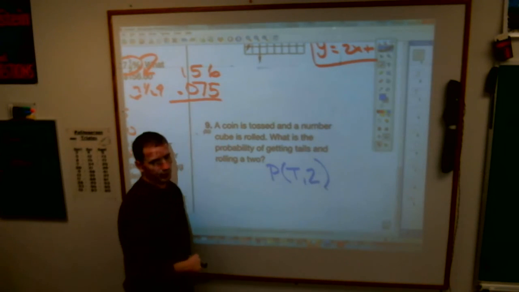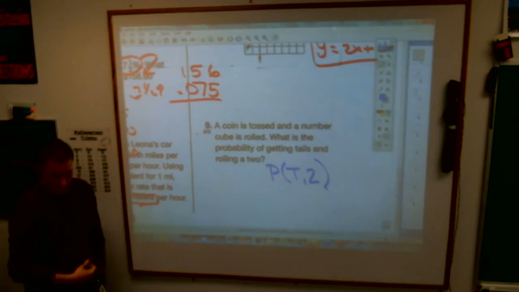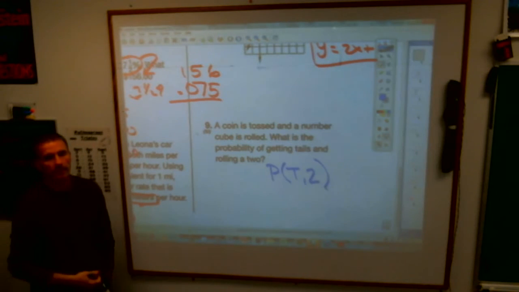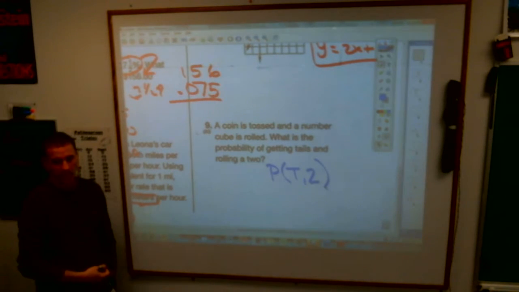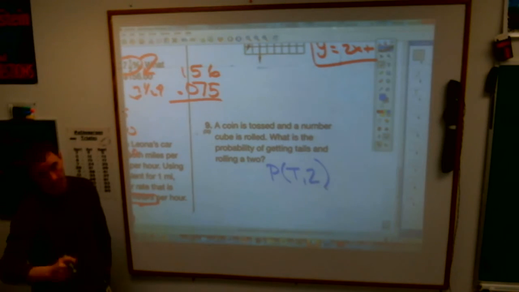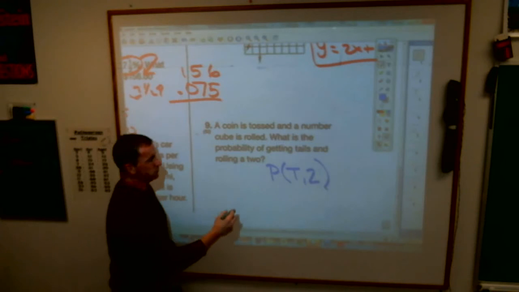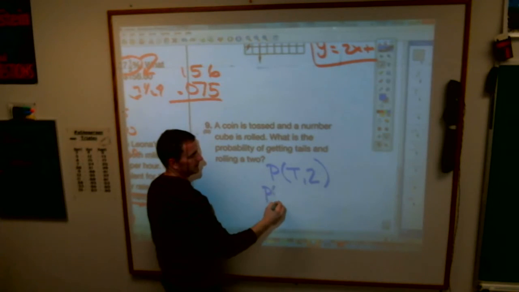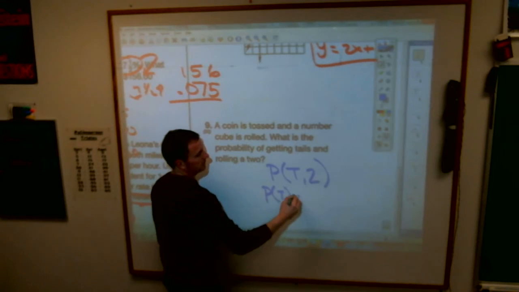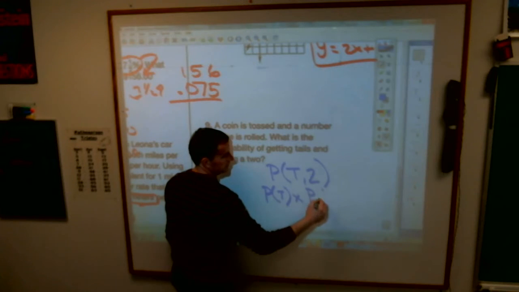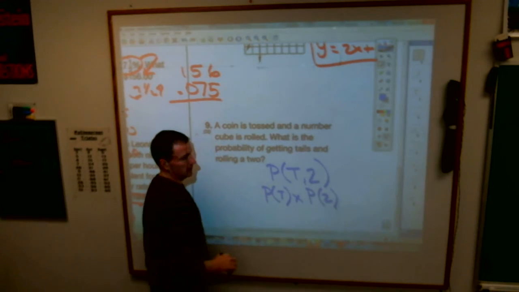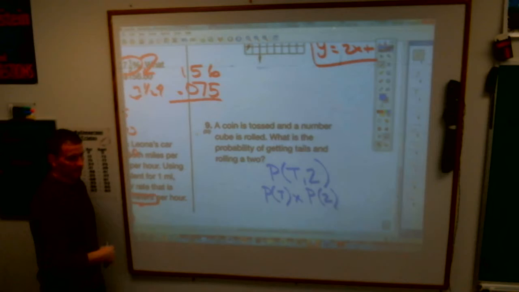How do you find that probability out, Lady Kabarak? Not adding fractions. Probabilities of 2 different things happening are multiplying fractions. You need to take the probability of getting a tail and multiply it by your probability of rolling a 2. When you multiply them together, that's the probability.